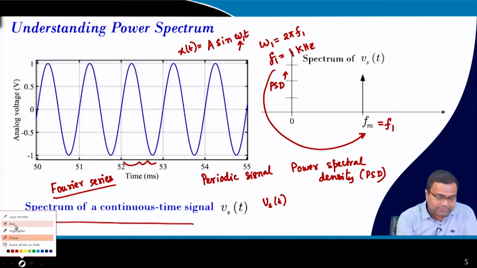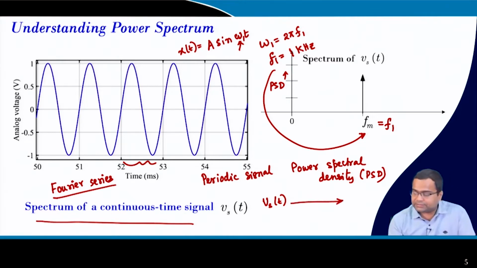Suppose for this signal, if we apply Fourier series, then what will we get? We will get something like X[k].